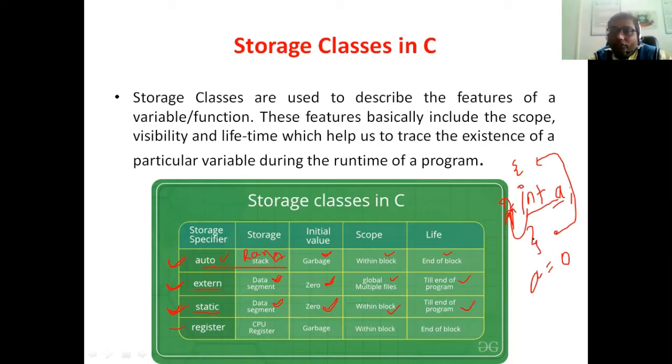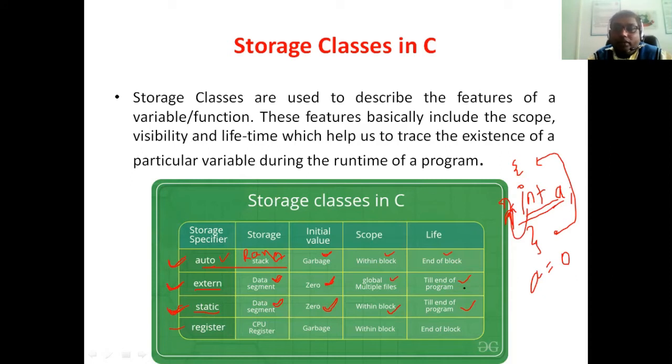It means that once you declare the variable as static, the copy of that static variable is accessible throughout the program. If you make any changes to that variable's value, that will be reflected throughout the program.